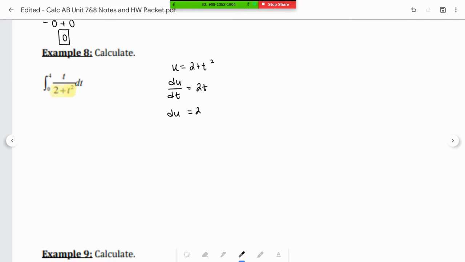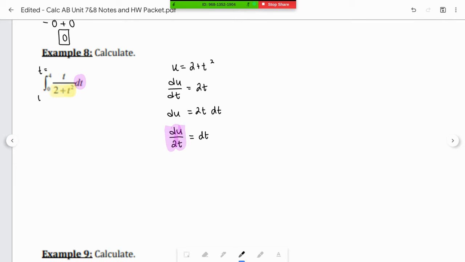So solving that for dt gives me du over 2t is equal to dt. And so I'm going to substitute that in. Remember that my bounds here are in terms of my original variable, which in this case was t.